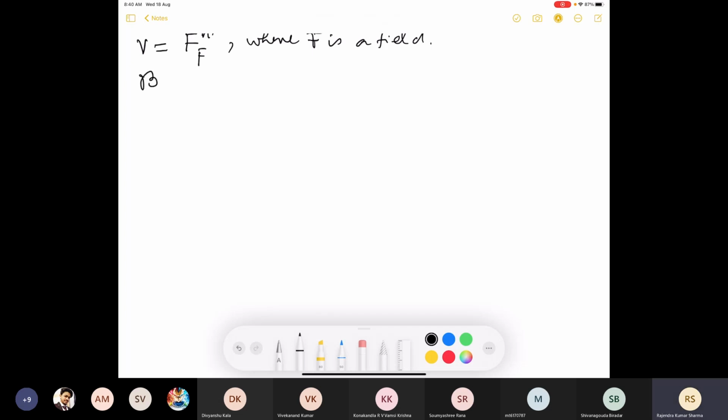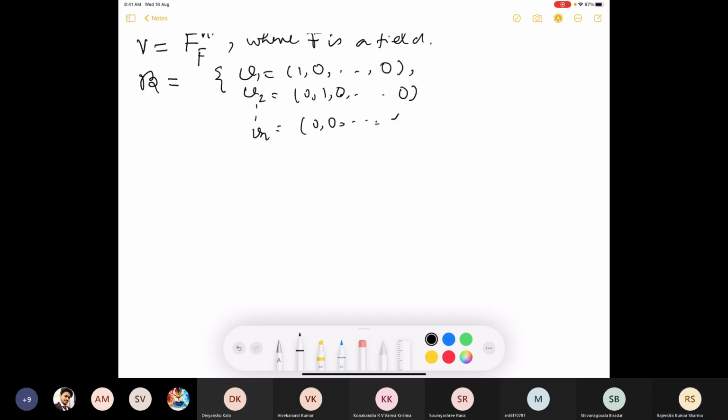Now for this, if you take B to be, say, V1 as (1, 0, ..., 0), because F is a field, so it always has identity with respect to multiplication, V2 as (0, 1, 0, ...), and so on, Vn is (0, 0, ..., 0, 1).